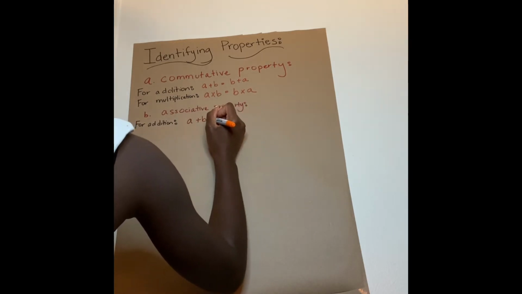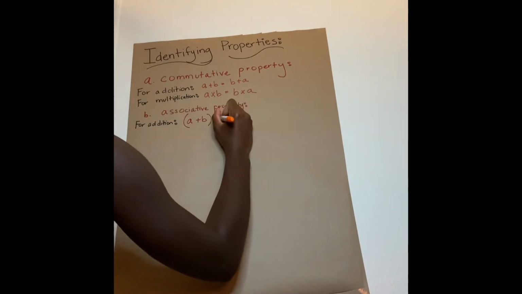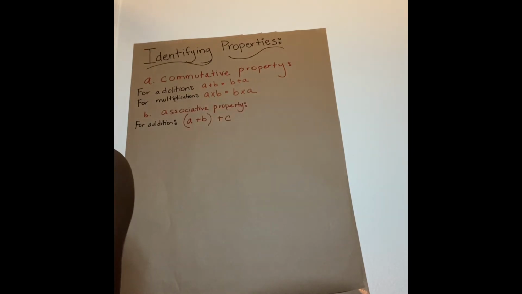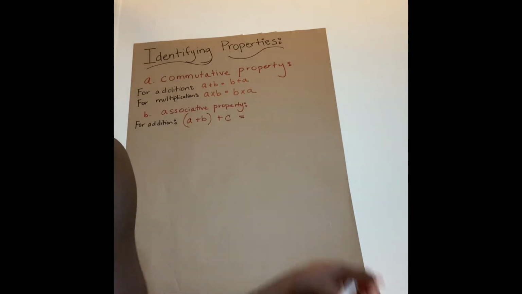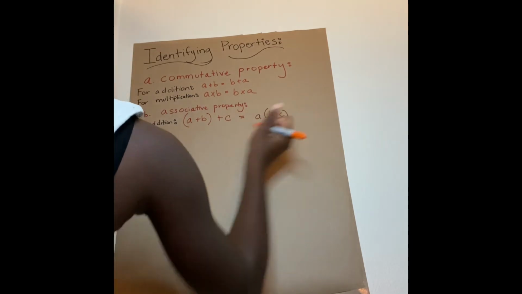So, for example, if you have 6 plus 4 plus 3 and there's parentheses between 4 and 3, it will still equal 13. If there are parentheses around 6 plus 4 and not 3, it is still 13.